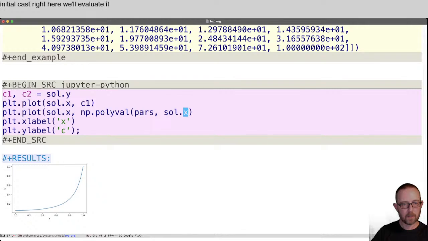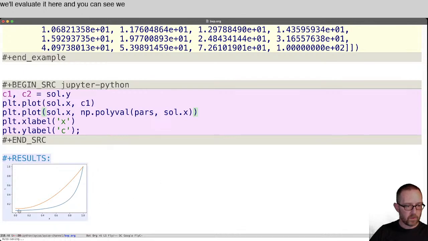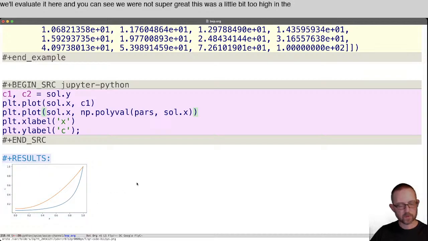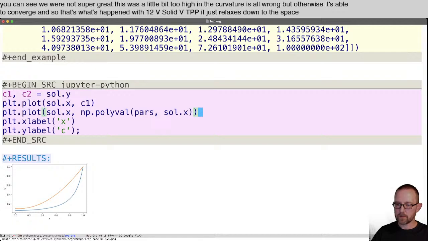We'll evaluate it here. And you can see we were not super great. This was a little bit too high and the curvature is all wrong, but otherwise it's able to converge. And so that's what's happened with solvebvp. It just relaxes down to this space down here.